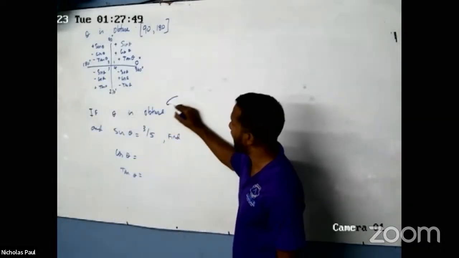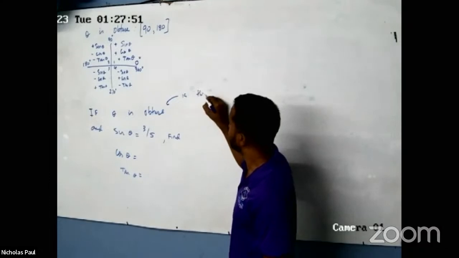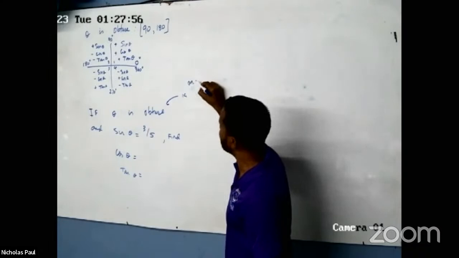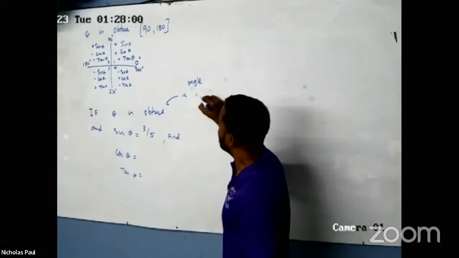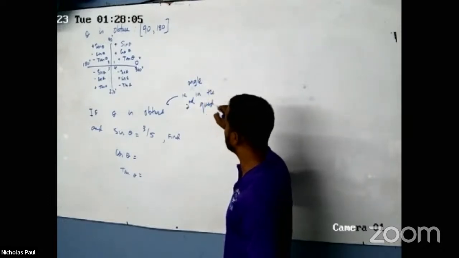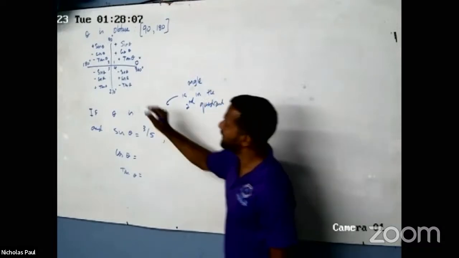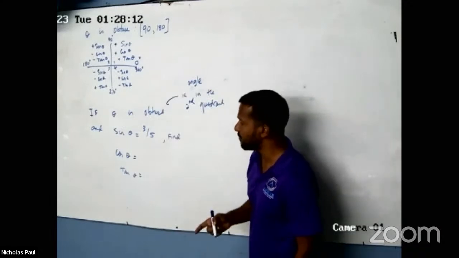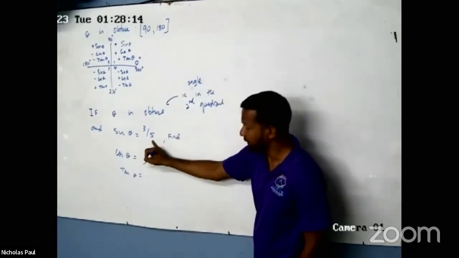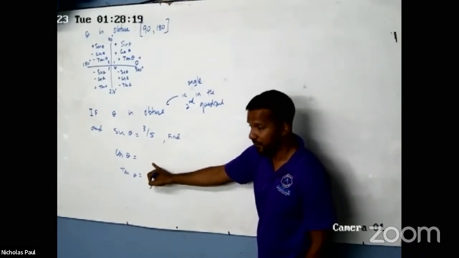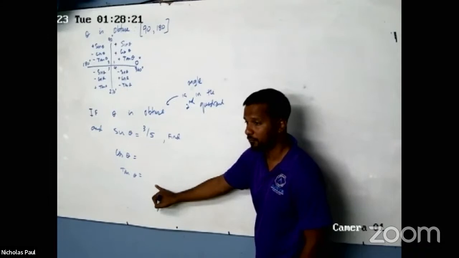Obtuse means that the angle is in the second quadrant. So whatever we get for the sine value has to stay positive. Whatever we get for the cos value has to stay negative, and tan is also negative.